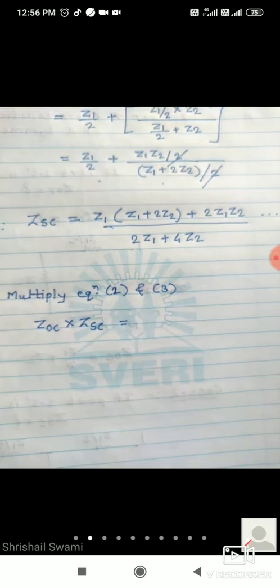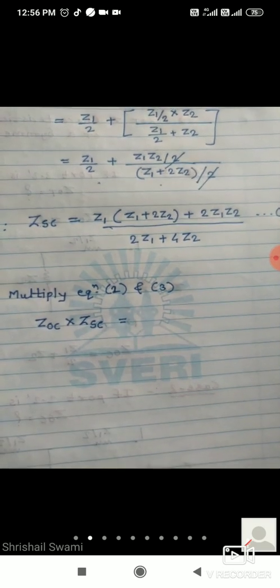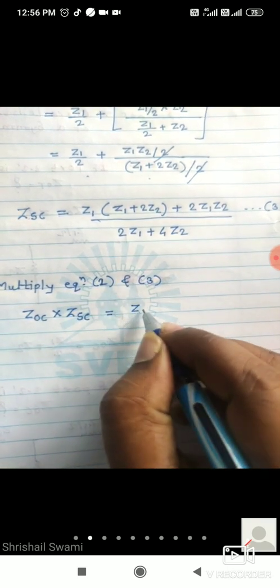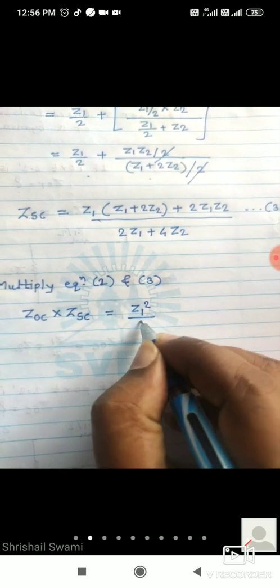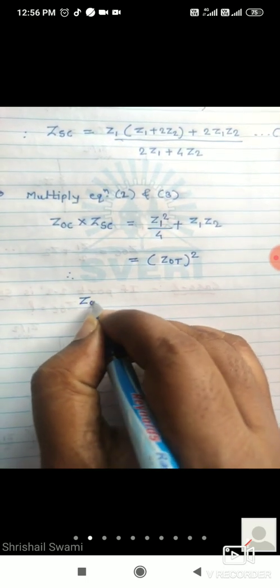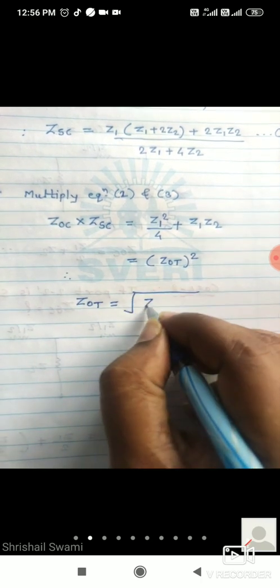If you multiply ZSC and ZOC from equation number 2 and 3, you will get this one, that is Z1 square divided by 4 plus Z1 into Z2. मग हा म्हणजेच काय असणार आहे? ZOT. So this is equal to what? ZOT square. Okay, मग ZOT चं meaning काय आता? ZOT is equal to take the square root, that is under root ZOC into ZSC.